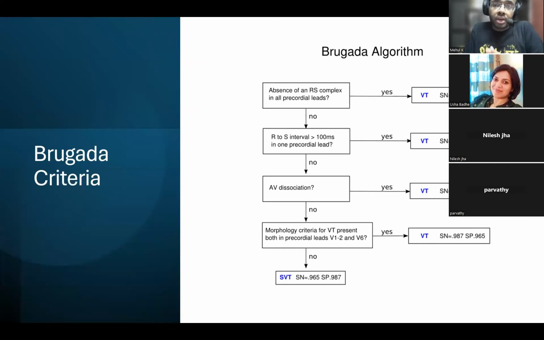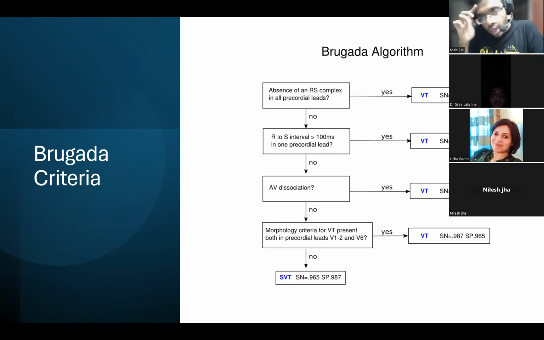So the Brugada algorithm and the Brugada criteria is as follows. You have four things. First of all, you look for concordance. That is the absence of RS complex in any precordial lead.